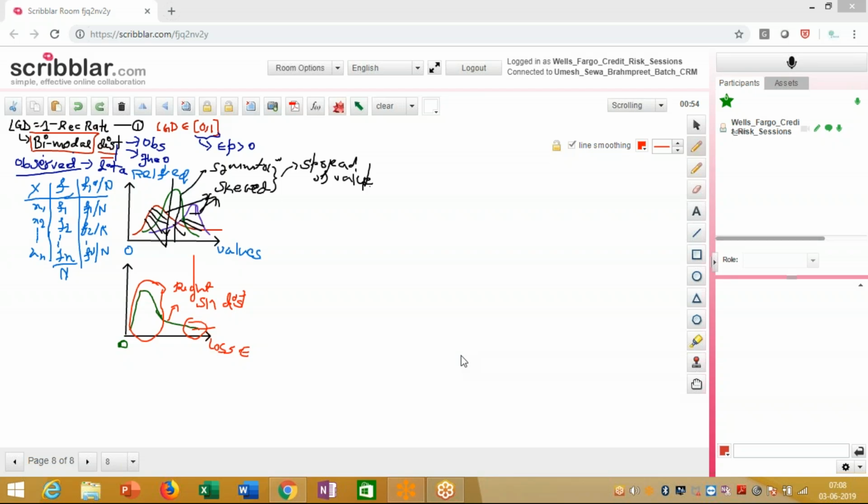This is something that we would be working towards next, and that's where the role of transformations come in. But mostly, if you take up any credit risk variable and you try to plot a distribution from there, 99% of the cases it's going to be a skewed distribution, because of the existence of so much heterogeneity in a given portfolio.